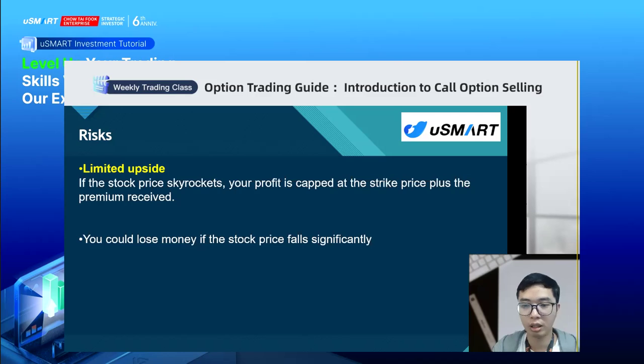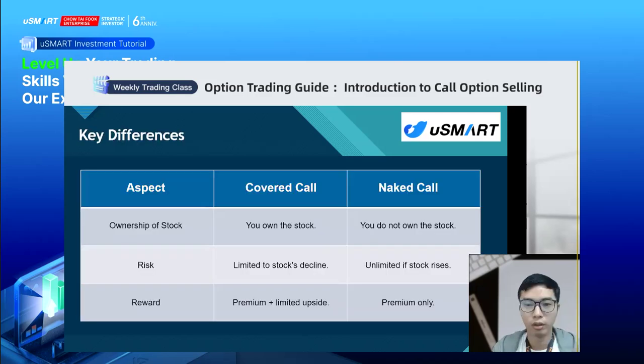All right, sorry. So here is the summary of the aspects of covered calls and naked calls. On ownership of the stock, the difference between covered calls and naked calls is whether you own the stock or not. The naked call is very dangerous, as I said.